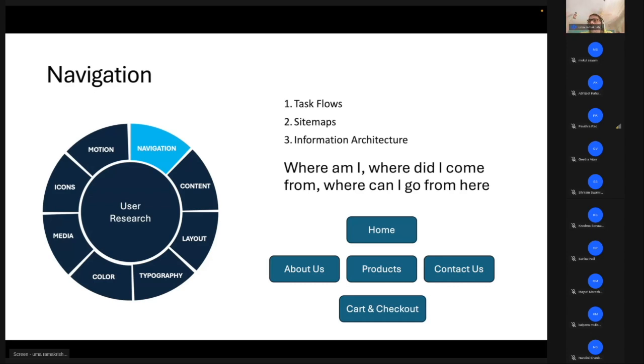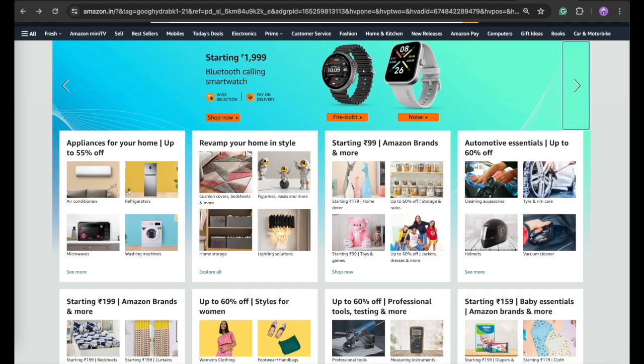For example, if you go to any website, you will have a navigation menu, right? That's your sitemap. For example, if you go to Amazon.in or Flipkart, all the products there are grouped into certain categories. You can also search by category. That's your information architecture.